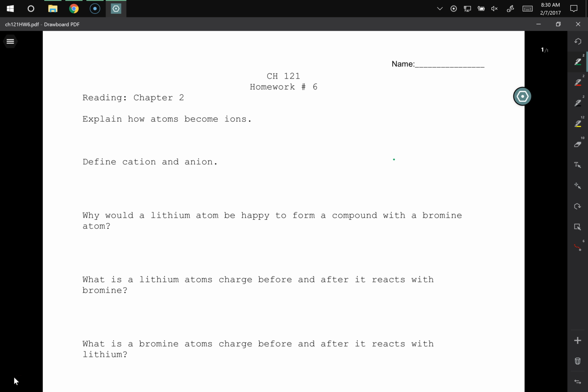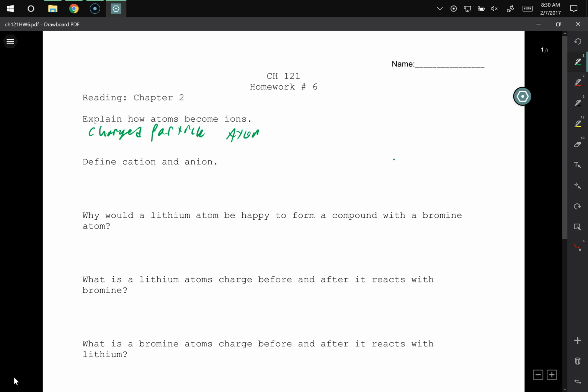All right, so the definition for an ion is a charged particle. And so what you need is, it's going to gain or lose electrons.